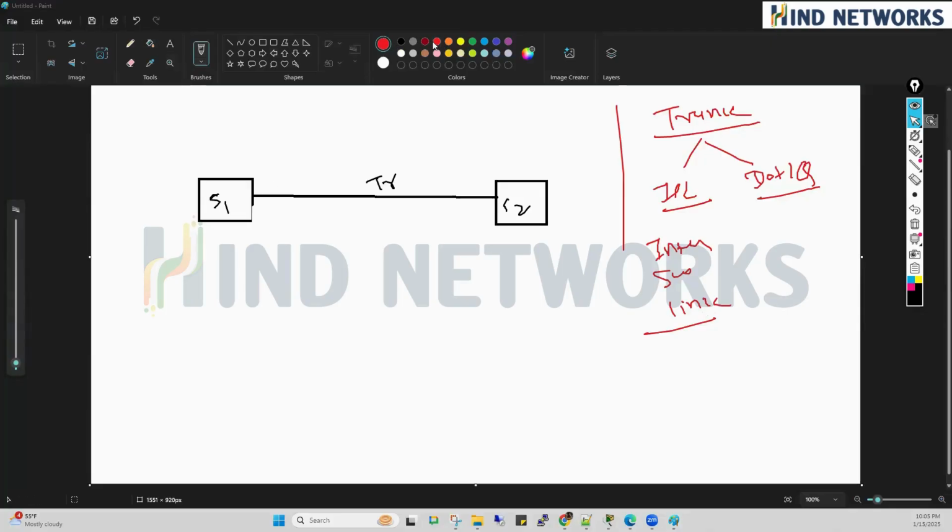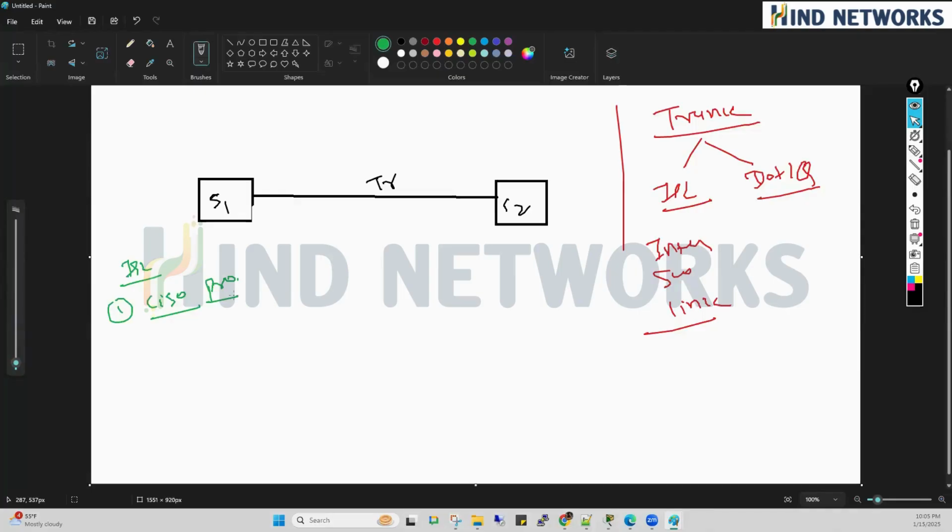Now I will tell you something about ISL and something about .1Q. Please focus. The first point about ISL that you need to understand is that it is Cisco proprietary. It means this protocol is developed and managed by Cisco. That's the reason it is called a Cisco proprietary protocol. Clear, guys?